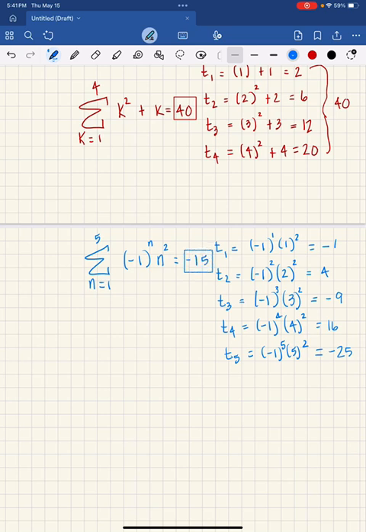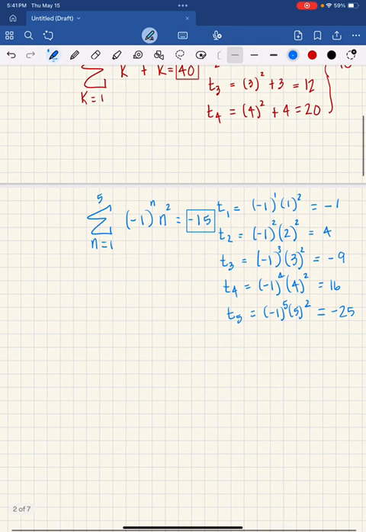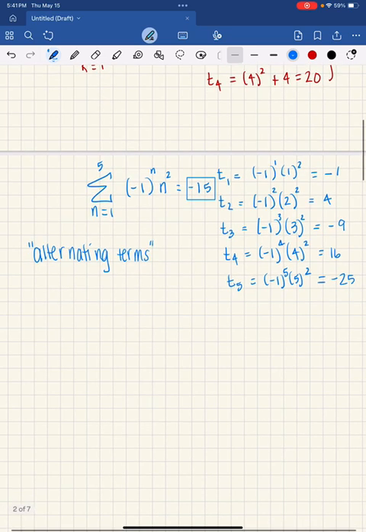You'll notice that the terms alternate between being positive and negative. The first term was negative, the second term positive, the third negative, the fourth positive, the fifth negative, etc. That is referred to as alternating terms. It's going to be super important that you understand how to create an equation with alternating terms. Alternating terms means one term is positive, the next term is negative, or the other way around.